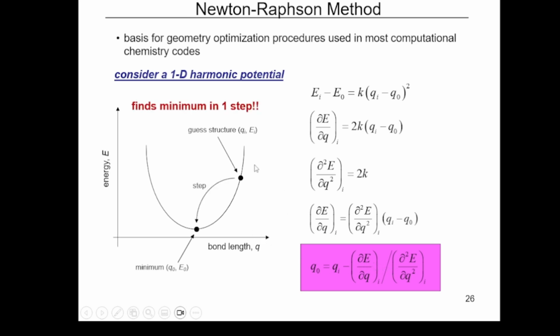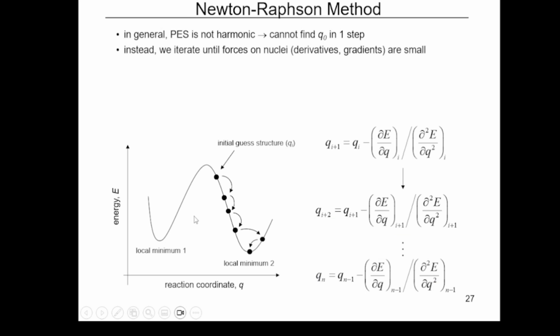If that's the case, if you know the surface is harmonic, you know the first derivative and second derivative, you can jump from any guess structure to the minimum in just a single step. You can find the minimum in just one step from any given structure if the surface is perfectly harmonic. But in reality, the surface is never harmonic. In general, the potential energy surface is not harmonic.